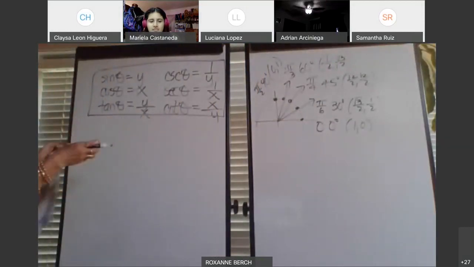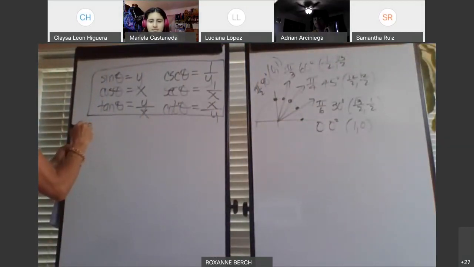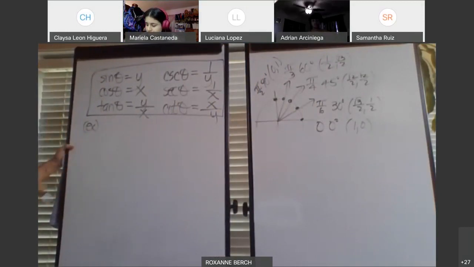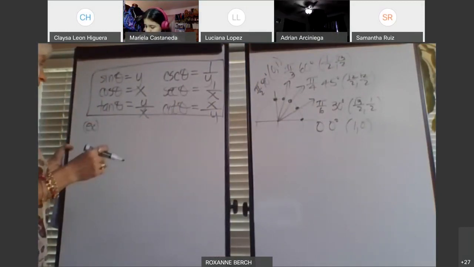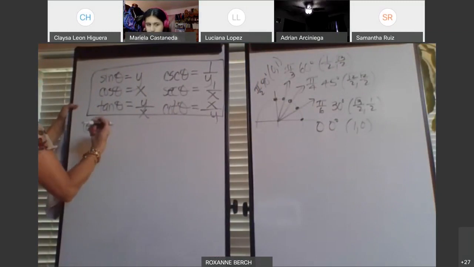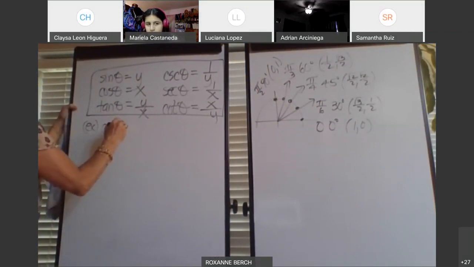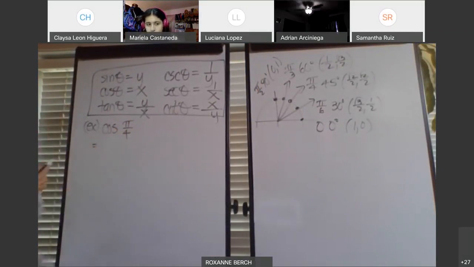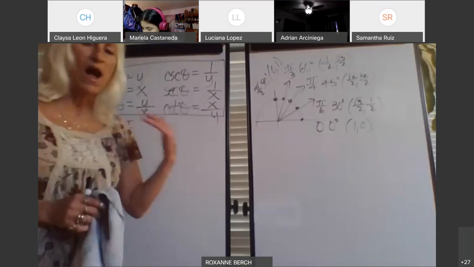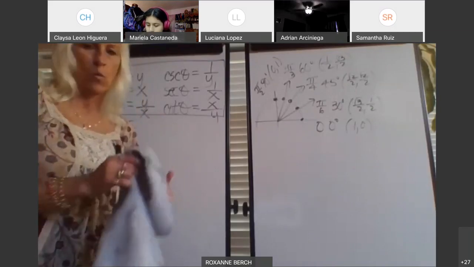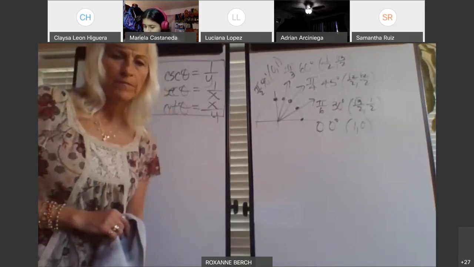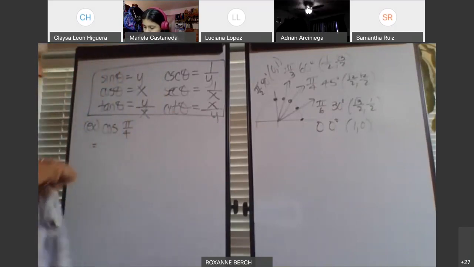All right, here we go. All right, you ready for this? Let's start with cosine of pi over 4 radians. Okay, so you're going to think, is cosine x or y? And then what is the answer?